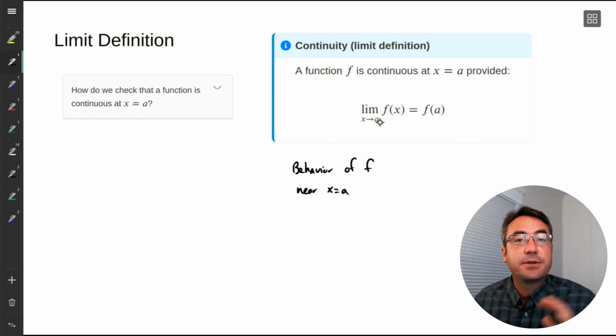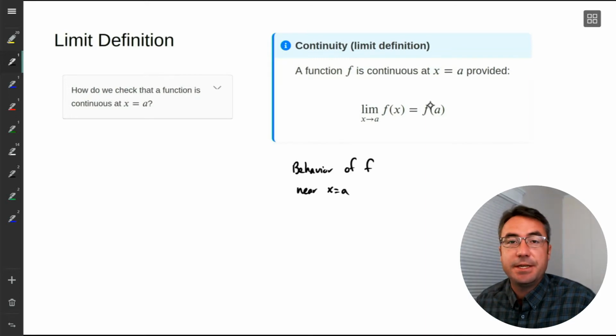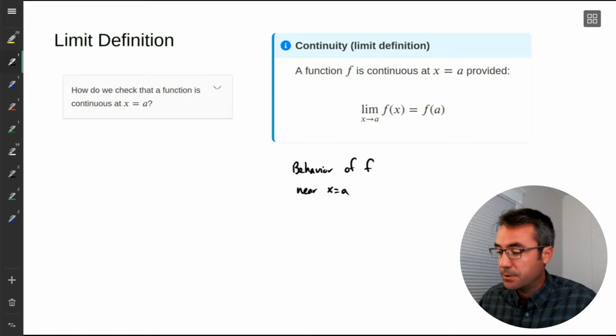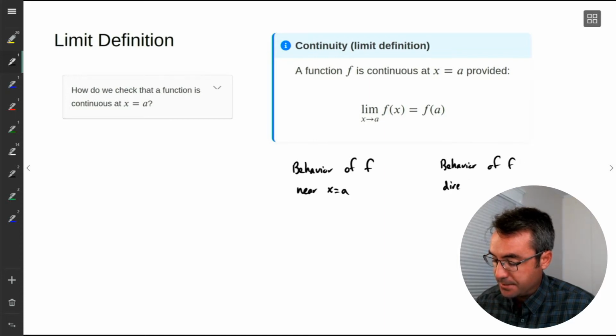There's the left side, there's the right side, and then the overall limit just describes the behavior in general near x equals a. On the right side of this equation is f of a, and this is just the function value directly at x equals a. So this really describes the behavior of our function directly at x equals a.